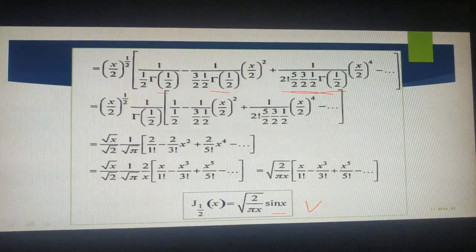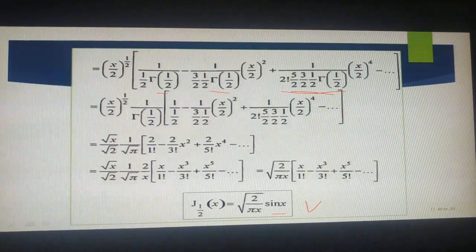When I am trying to simplify, 1 by 1 by 2 is nothing but 2 by 1 factorial. Minus, if you see here, this is actually 3 by 2 into 1 by 2. If I am able to write this in factorial form, then I can write 2 by 3 factorial into x square.